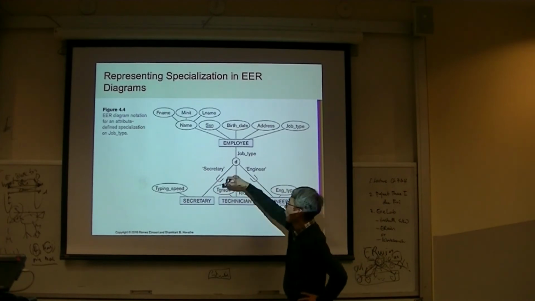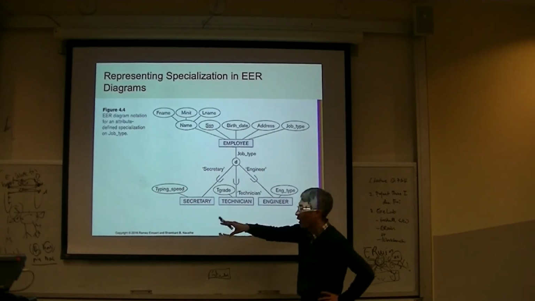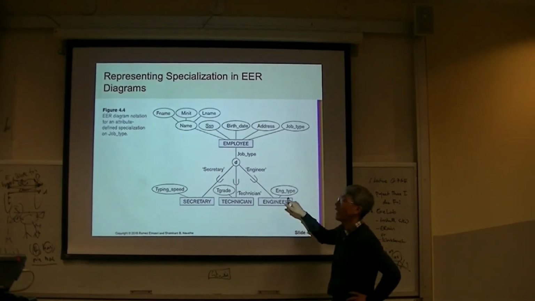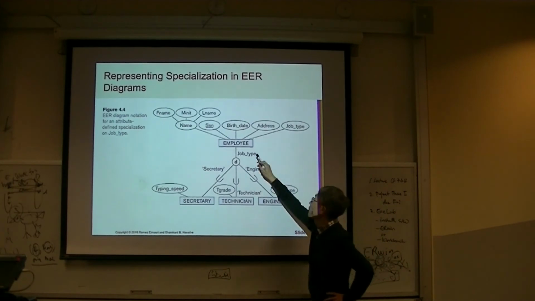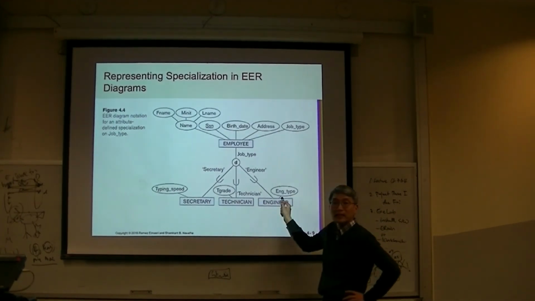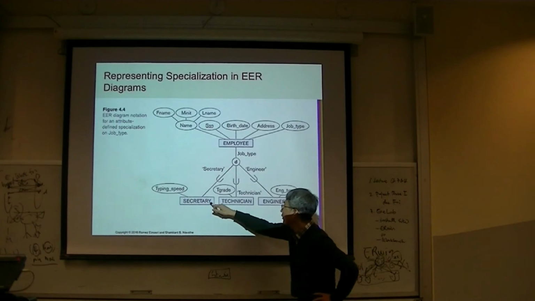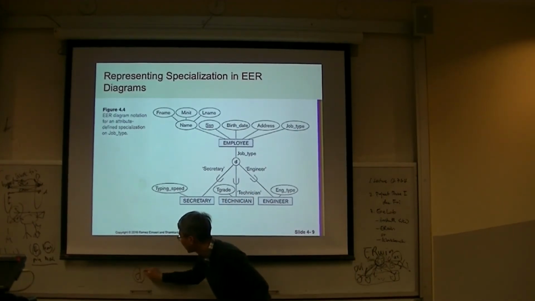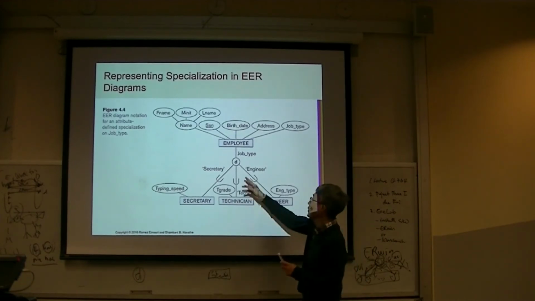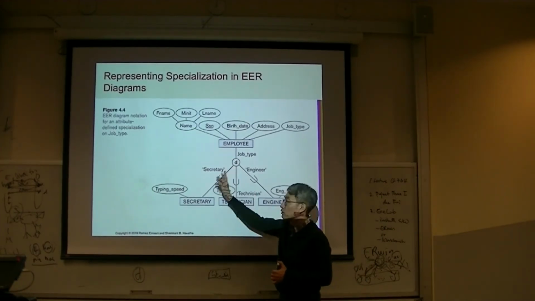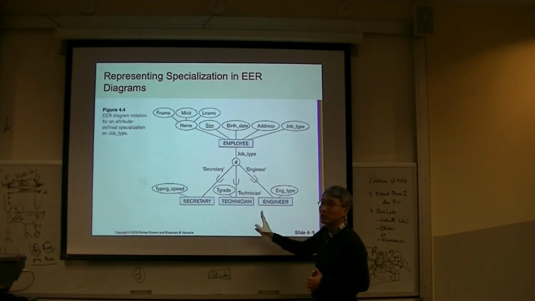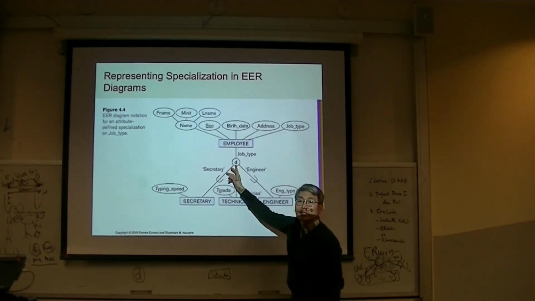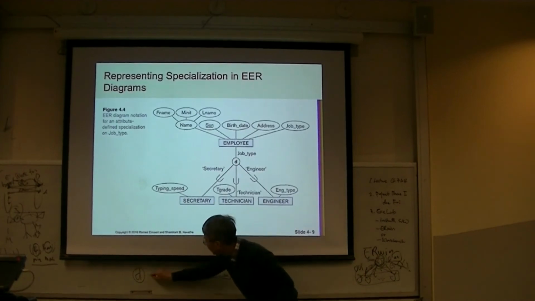If you do not allow overlap, your employee is a secretary or technician or engineer. Employee should be one of these, not the secretary as well as technician. That is called disjoint. If you have the disjoint, only one subclass, you can use the D. Another one is overlap.